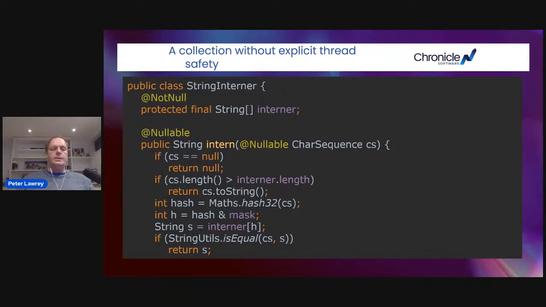The reason that works is that a string has final fields, and those final fields are guaranteed to be visible when the string is created, without any further features used to ensure that it's visible and correct. So that means that a string can be passed to another thread, and you won't see a slightly uninitialized string or a completely clear string accidentally, no matter how you pass it through to another thread.